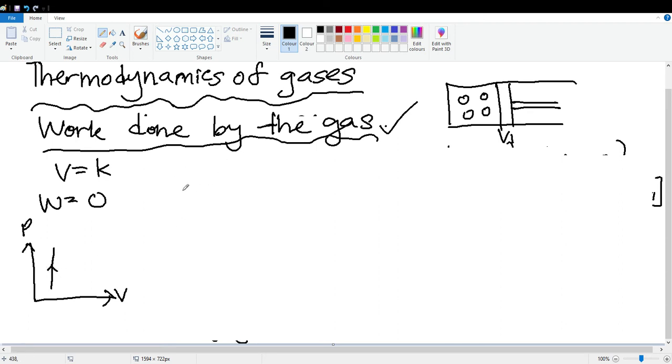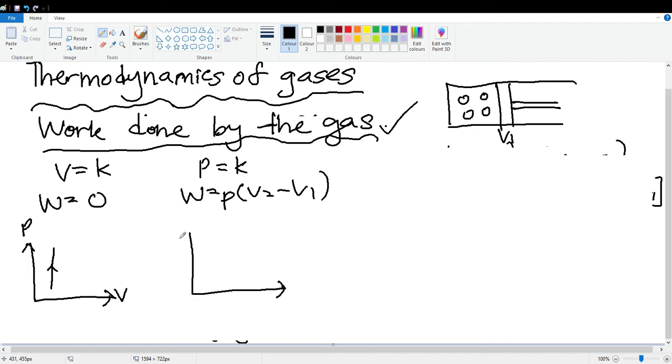As for the constant pressure, the work done is actually P times V2 minus V1. So what we have is a horizontal straight line. This is the vertical and this one is the horizontal.